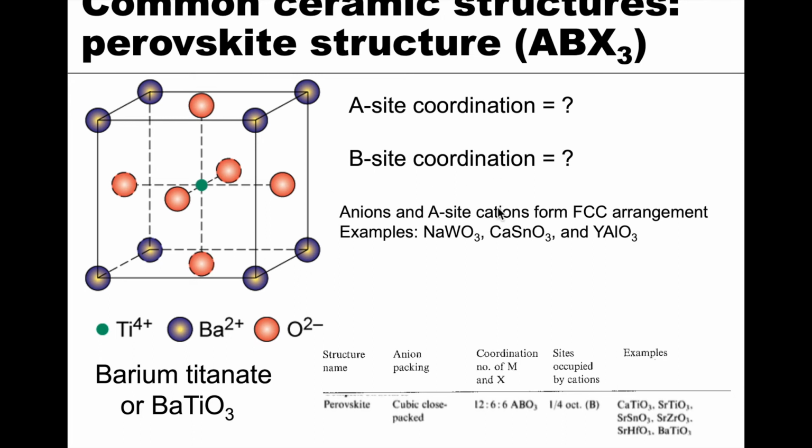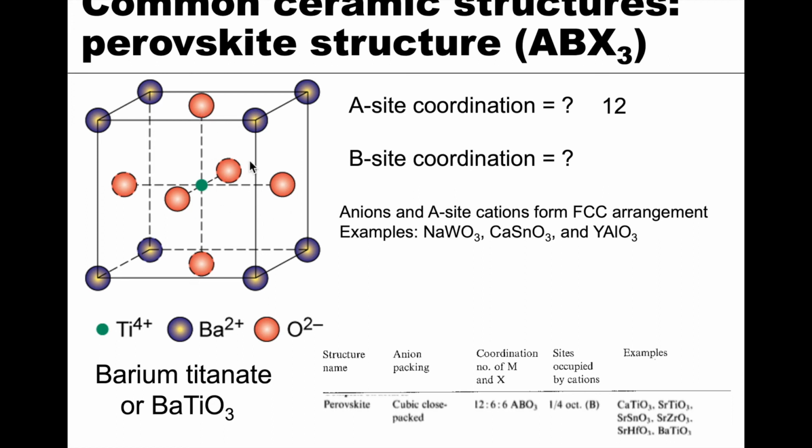Okay, so the A site in this case, if we look at it, ABX3, if we compare that to this, that means our barium is the A site. And so let's look at barium. So barium is in these cubic arrangements, right? And so if we want to know the coordination for that, we're going to look at the anions.